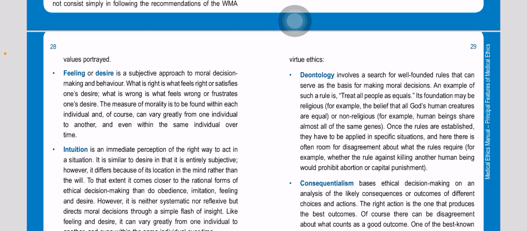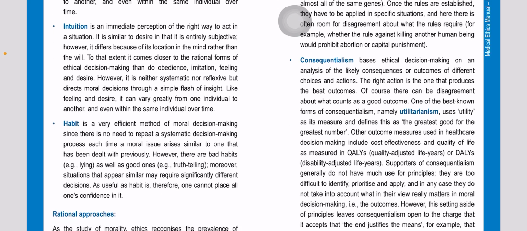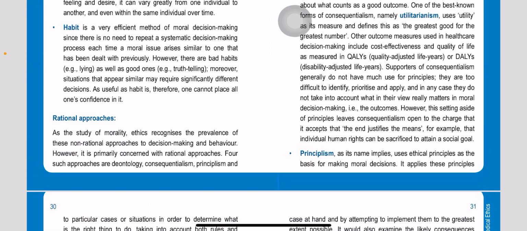Another is the gut feeling or intuition, an immediate perception of the right way to act in a situation. Next is habit. Habit is a very efficient method of moral decision making since there is no need to repeat a systematic decision making process each time a moral issue arises similar to one that has been dealt with previously. So these are just matters of reading, class.